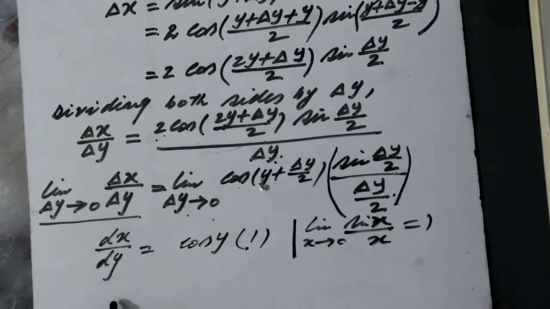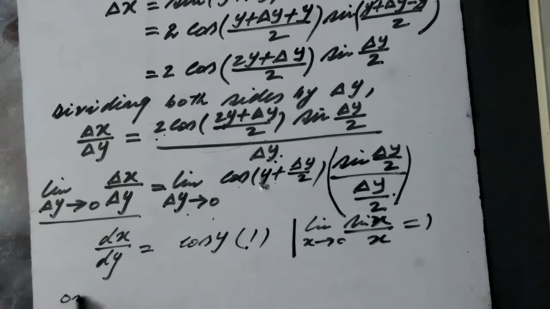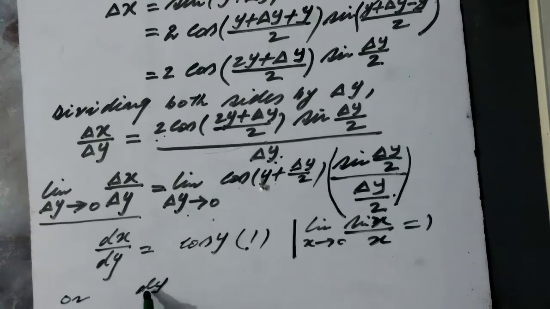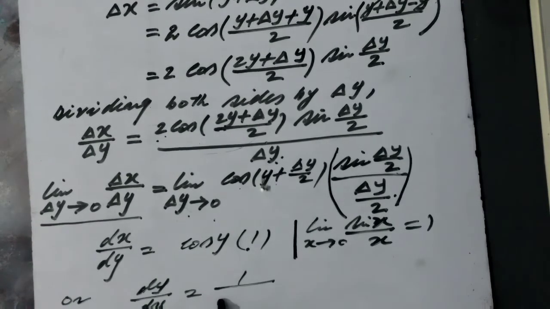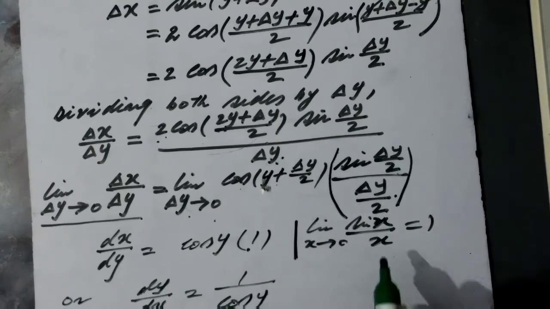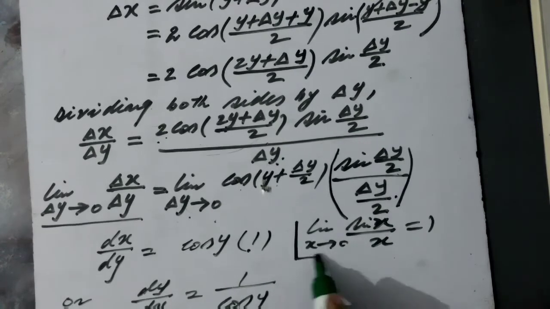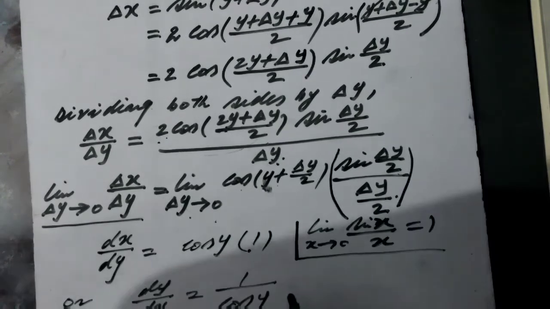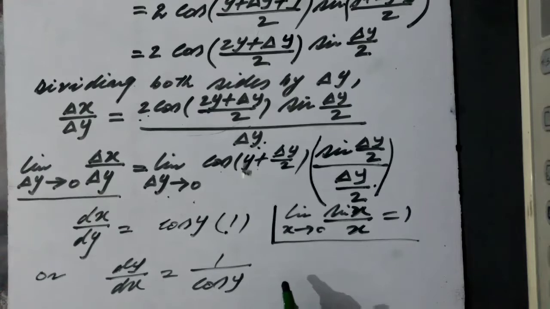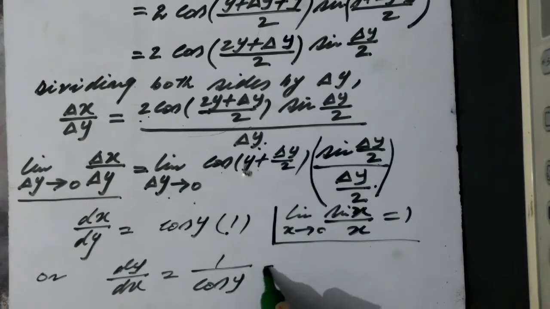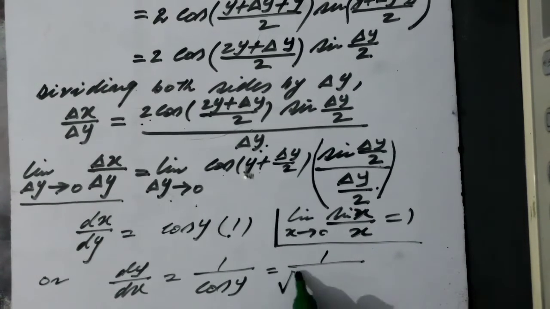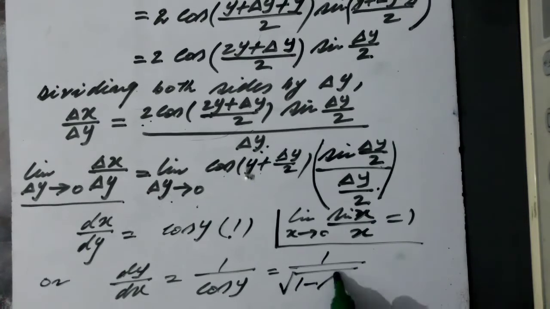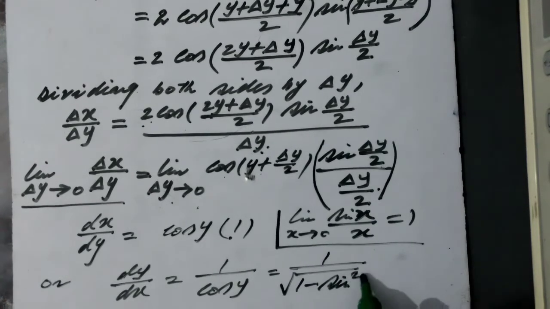So now take the reciprocal of this expression. We have dy upon dx is equal to 1 upon cos y. As we know that cos y may be written as under root 1 minus sin square y.